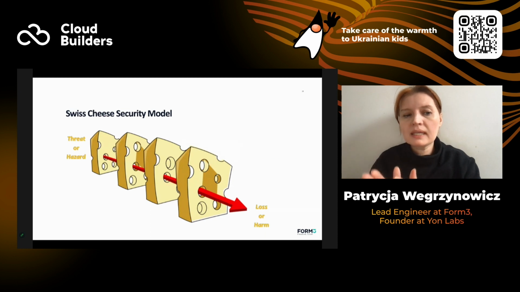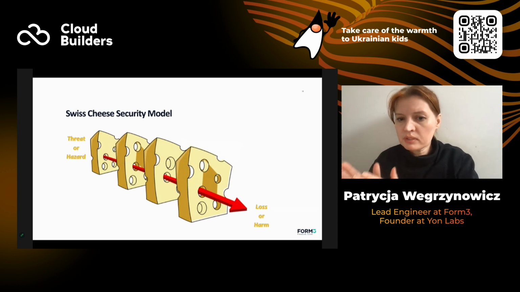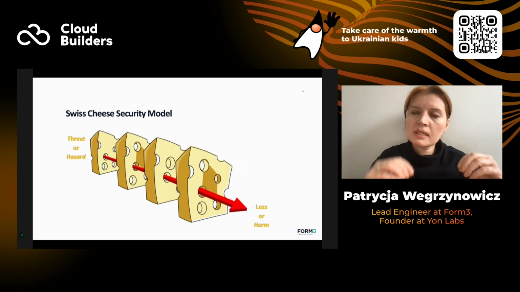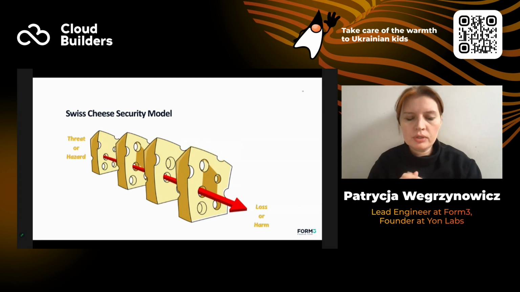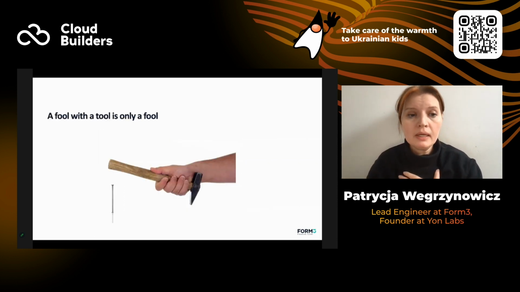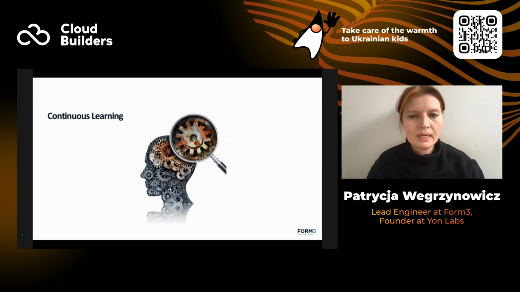So you need to take care that each of your layers is protected, just to avoid this simple chaining of vulnerabilities to actually exploit and compromise your systems. And we need to remember that a fool with a tool is only a fool, so we need to work and improve ourselves to correctly secure our Kubernetes clusters. It's all about continuous learning for all of us. So thank you.